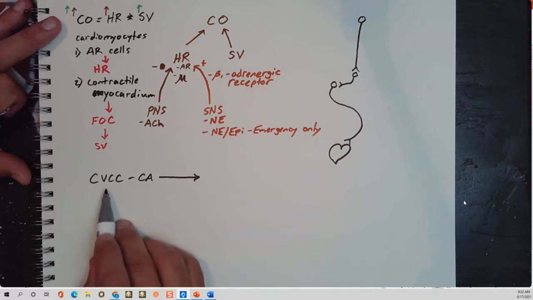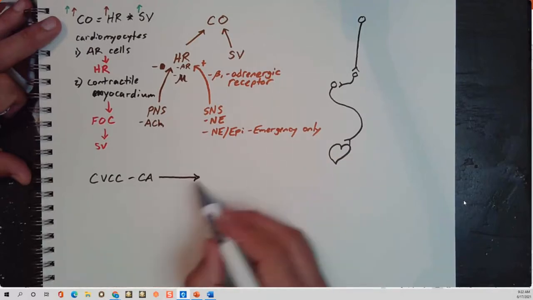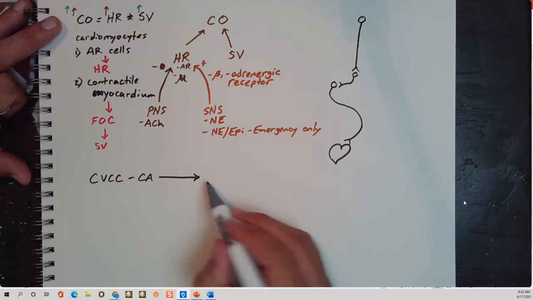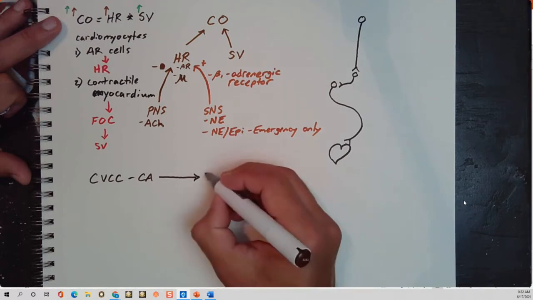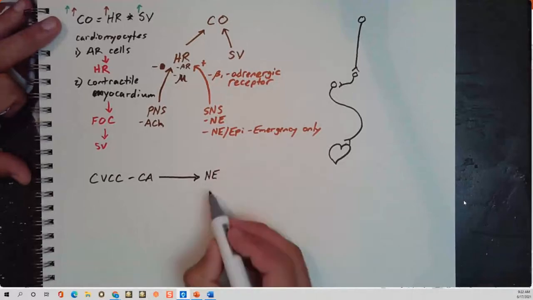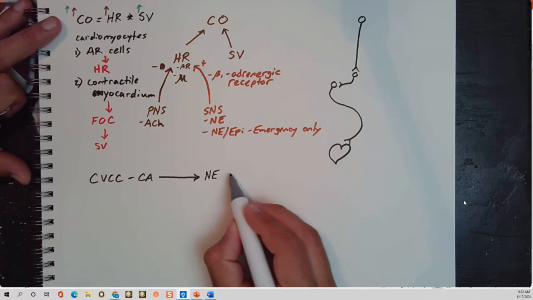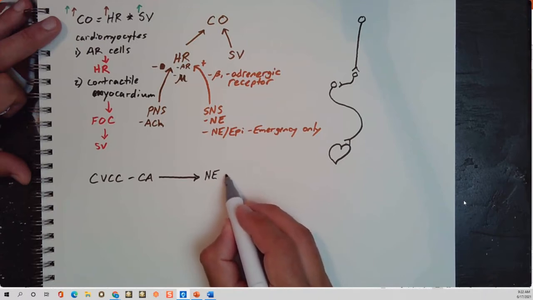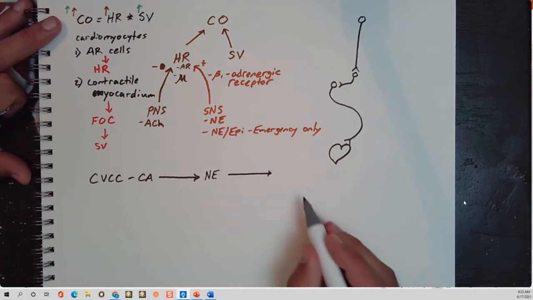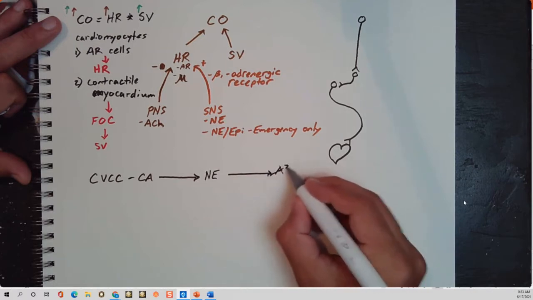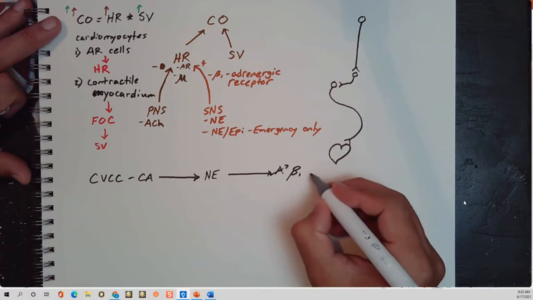If we activate the CVCC and go cardioacceleratory, one last time, what neurotransmitter is going to be released onto the heart? Norepinephrine. Beautiful. And now, what receptor is going to be activated by this? Beta-1 adrenergic. So we write an arrow up, beta-1 adrenergic.